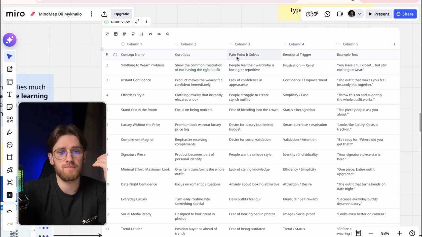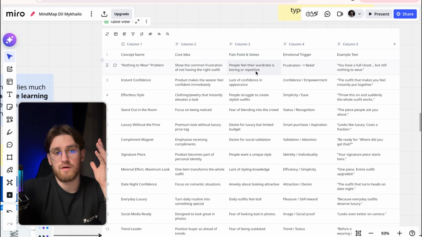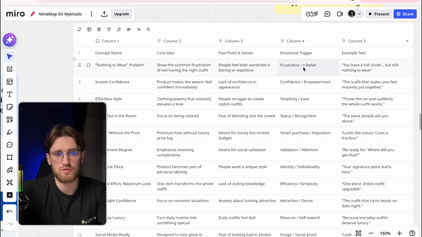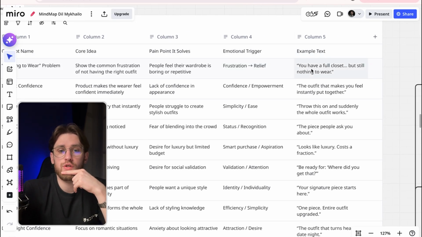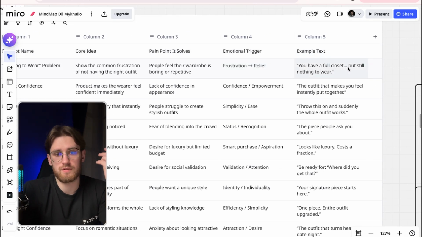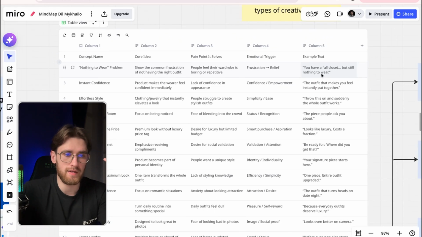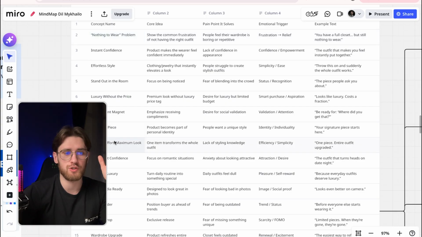What is the pain point it solves? People feel their wardrobe is boring or repetitive. Then you go to the emotional trigger: frustration, relief. And for an example text you can write: you have a full closet, but you still have nothing to wear. So fine. And these are so many different angles you can choose.